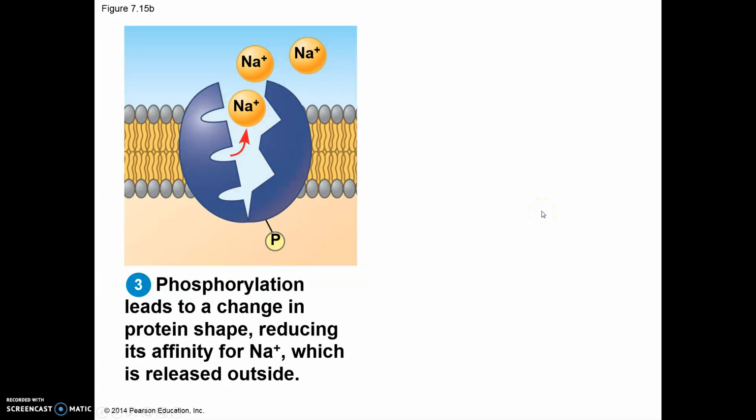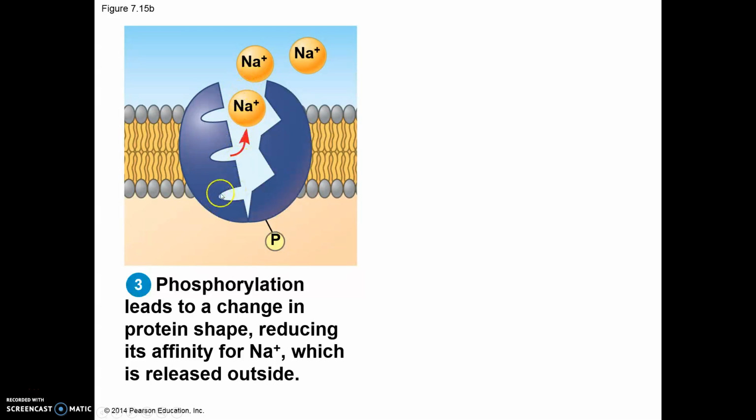When that happens, that causes a conformational shift in the protein. It closes on this side and opens on the other, but it also changes the shape of the sodium binding sites, making them low affinity binding sites. It essentially pops them out.